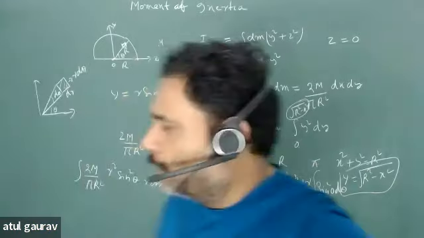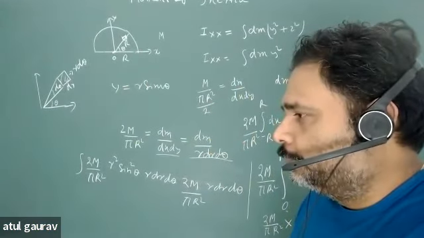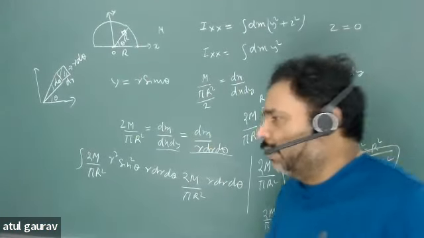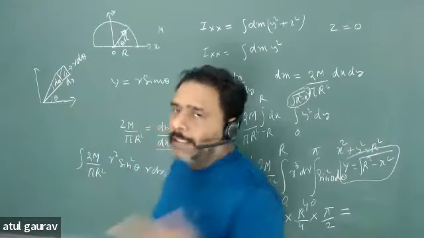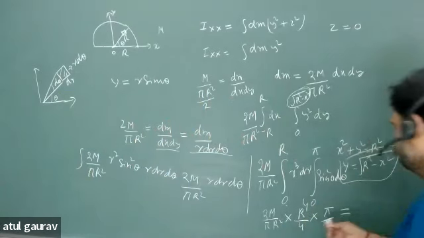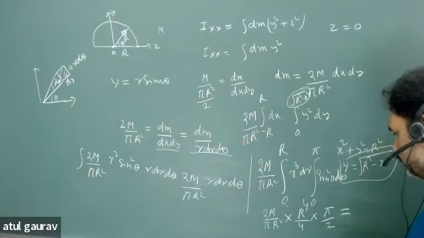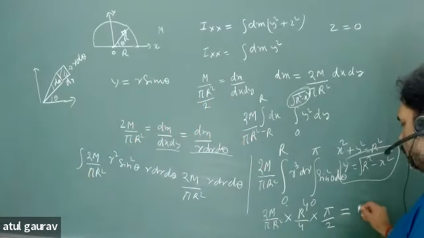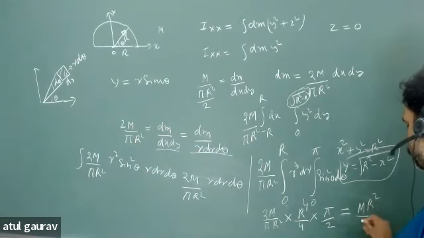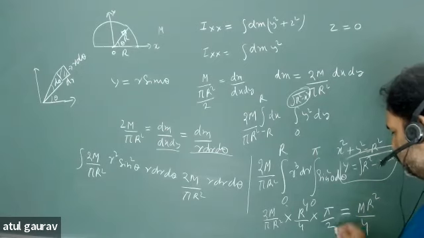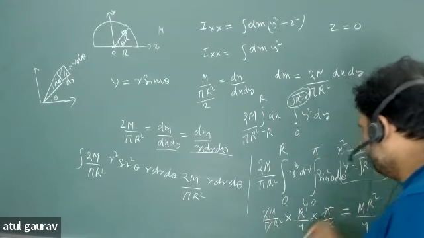Sir, 1 minus cos 2 theta. 1 minus cos 2 theta karenge, and half is outside. Cos 2 theta 0 to pi is 0. So you will get the answer. And what is the answer? m r square by 4. Aisa aa raha hai kya? Yes, sir. 2 and 2 cancel, pi and pi cancel.